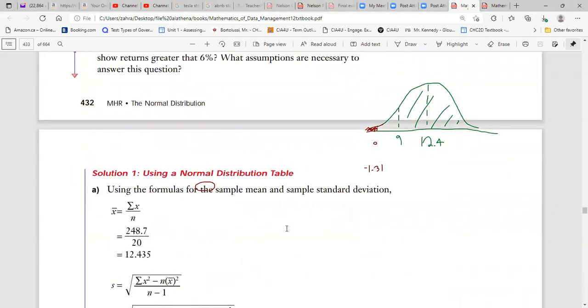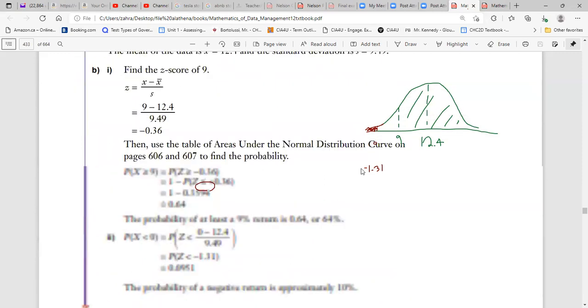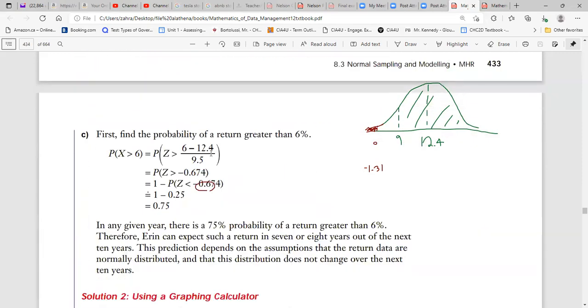Okay, part C says, out of the next 10 years, how many years would ERN expect to show returns greater than 6%? So greater than 6% means if 6 is here, I want to find the area above 6%. So just turn 6% into a z-score. So x greater than 6.